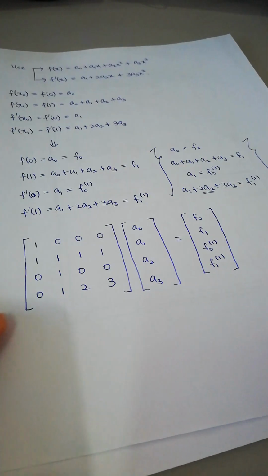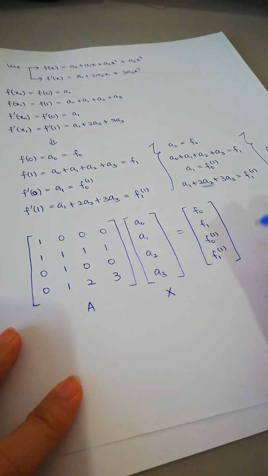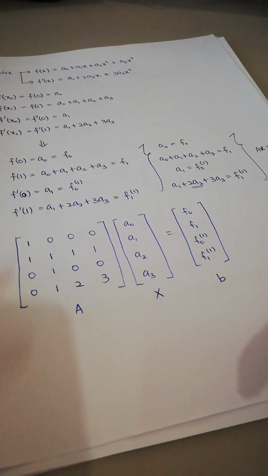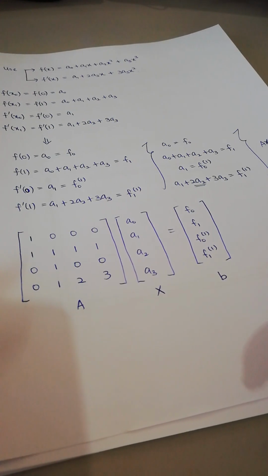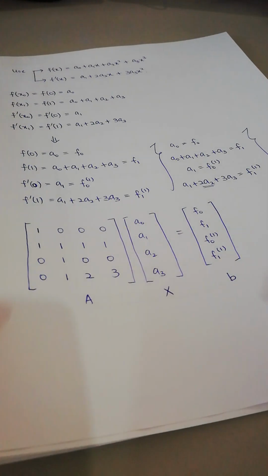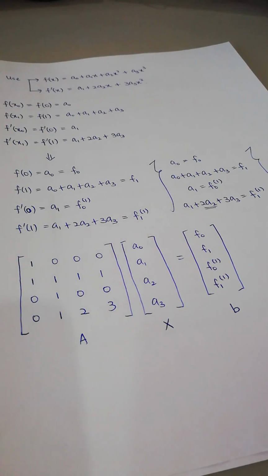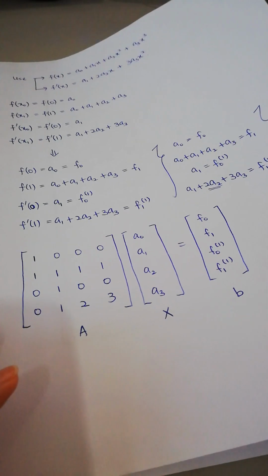So you see you have a system of linear equations: this is your matrix A, this is your x, this is your b. Now you have to use elementary row operations to solve this. I will show you only one operation, and the rest I would like you to try by yourself. I assume that you should have learned this in a linear algebra class.